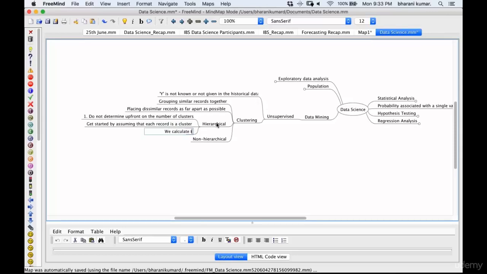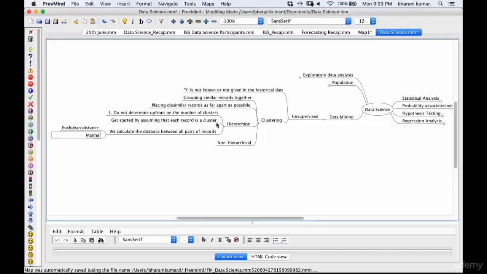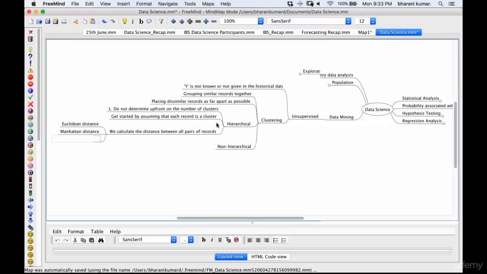Then we calculate the distance between all pairs of records. How do you calculate? Using Euclidean distance or Manhattan distance or Mahalanobis distance. You use any of these to calculate the distance between the pairs of records.